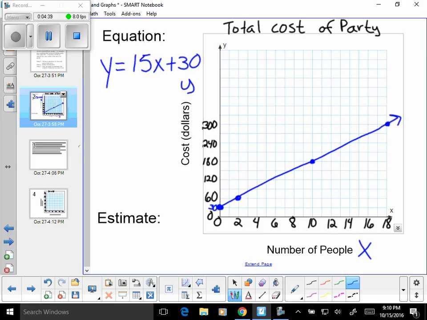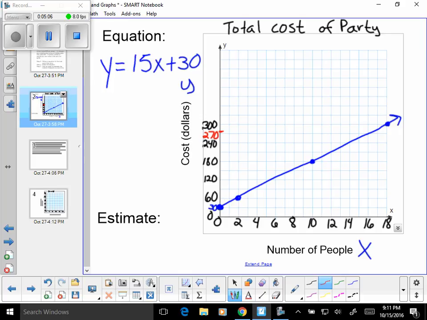Now, I go back to my y-axis. The question was, what if I spend $275? Okay. I have to know that right here is 270. From 240 to 300 is 60, so halfway has to be 30. 275 is going to be just over that line a little bit.